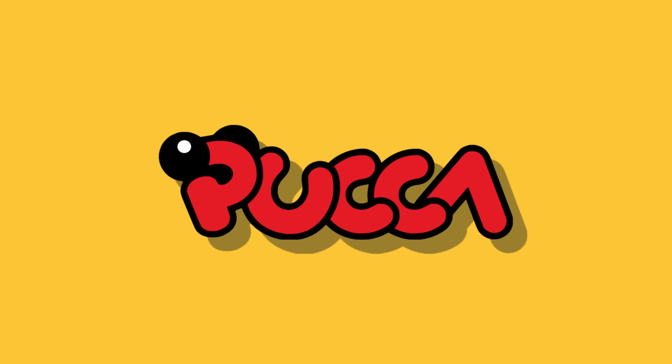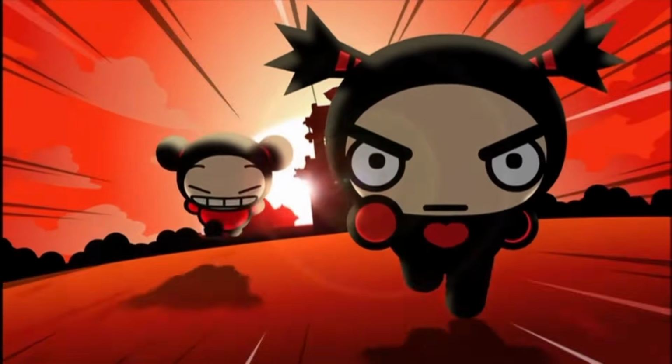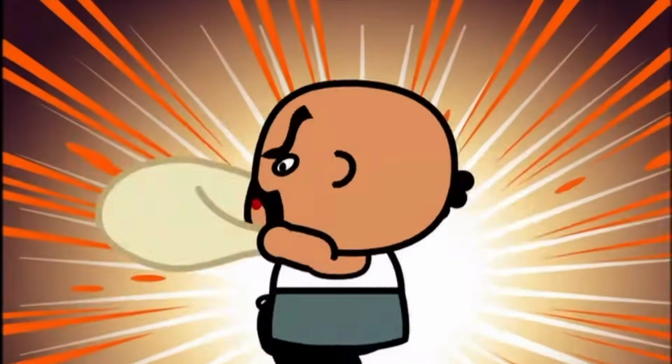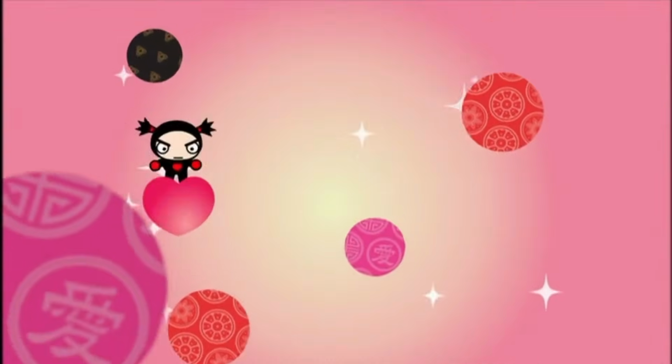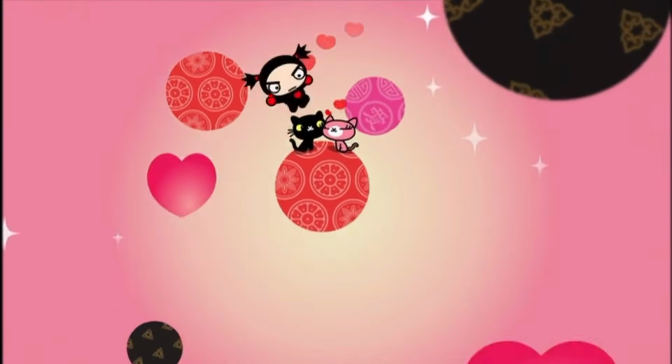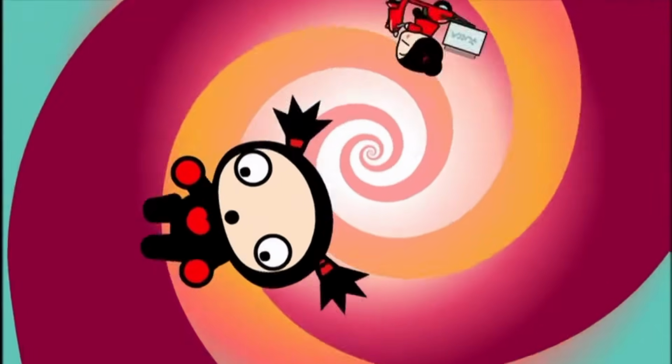Pucca. Here's a bit of a personal pick. When I was a kid, I clearly remember a show called Pucca, and what really caught my attention is that it appeared to be animated in Flash. I know it was based on a very popular Flash animation, also called Pucca, but for some reason the way it looked got stuck in my head as the ultimate way Flash and vector cartoons should look.